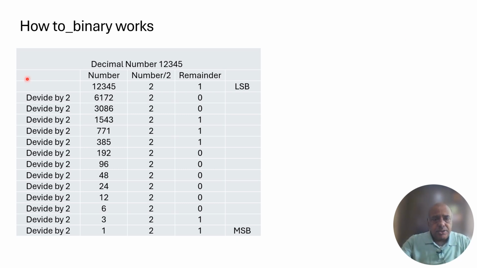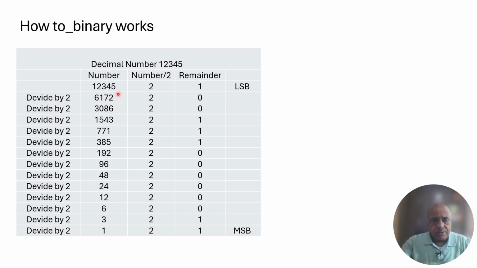How does it get converted? It is a simple explanation. First, the decimal number is 12345. It is divided by 2 and the remainder is 1. Next, the result of this division by 2 is again divided by 2 and the remainder is displayed on the screen.